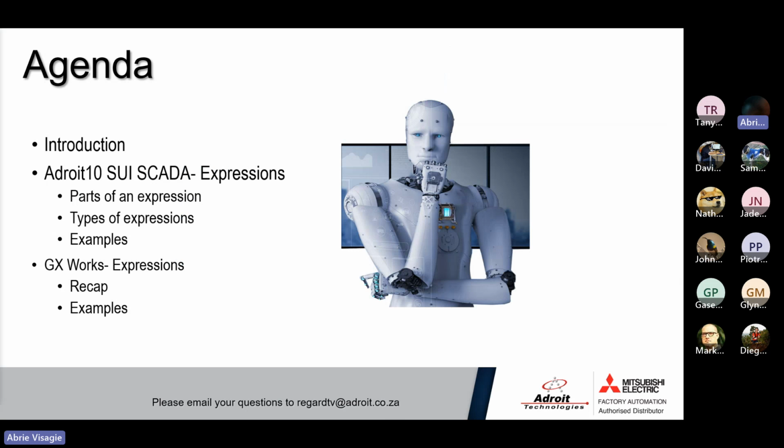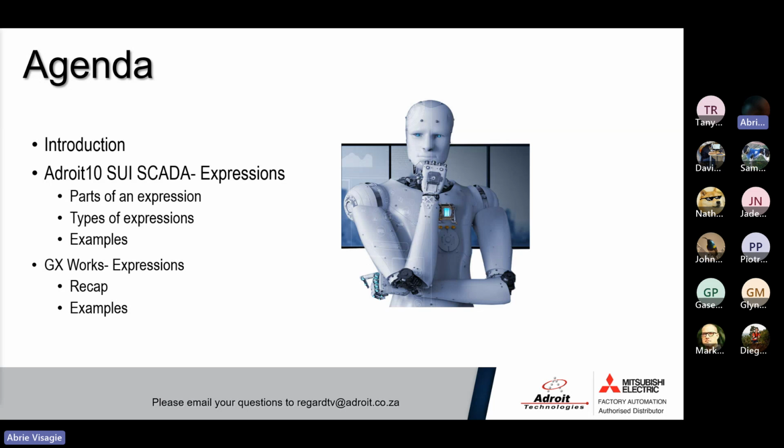So first off, we're just going to start with a short introduction about what we will be covering and where our information comes from. We'll elaborate on some of the Adroit expressions that we use in our Smart UI. We'll take a look at the different types of expressions as well as some examples of how to implement them and what they do.